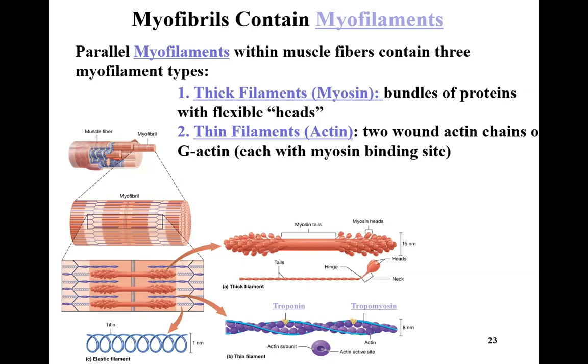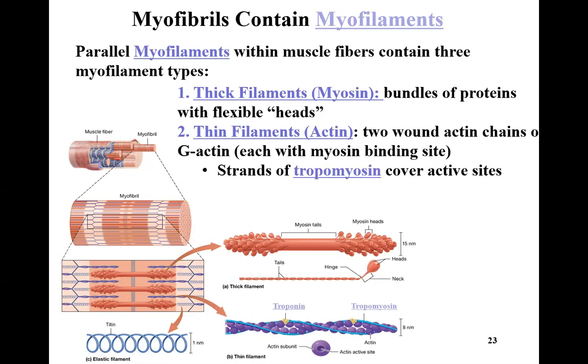Essentially, this little opening can bind reversibly to the myosin heads. Under certain circumstances, the active site is wide open. As long as it's wide open, myosin, specifically these little heads here, is going to bind to that active site and start doing its thing. And we'll get into that in just a second.